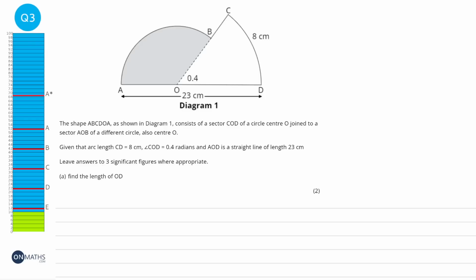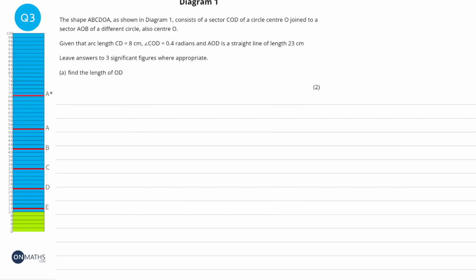In this question, we're given the arc length of this sector, we're given the angle of the sector, and we're effectively asked to find the radius of the sector. So the formula that we know that links all of those things will be arc length is equal to the radius times theta.